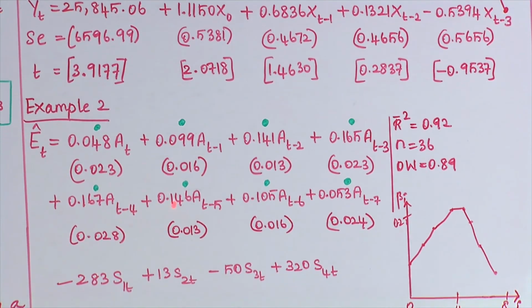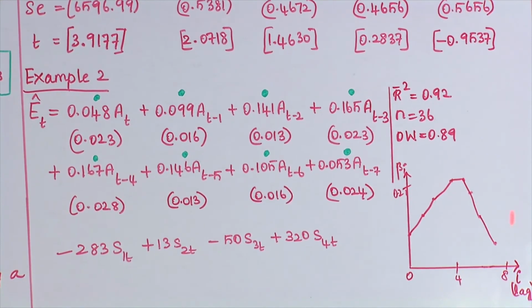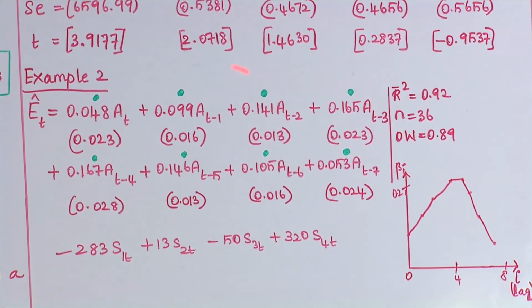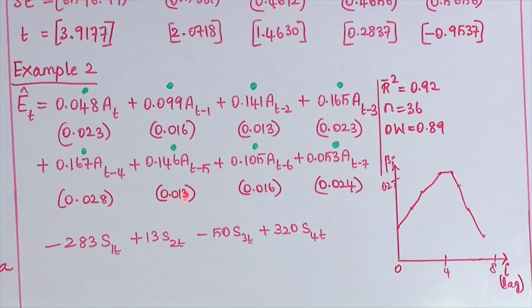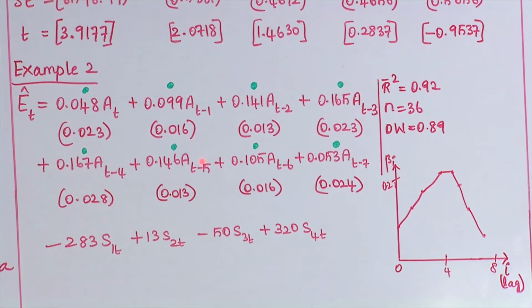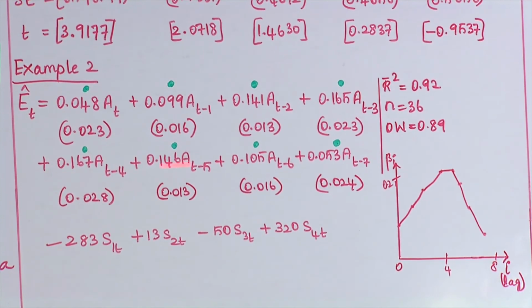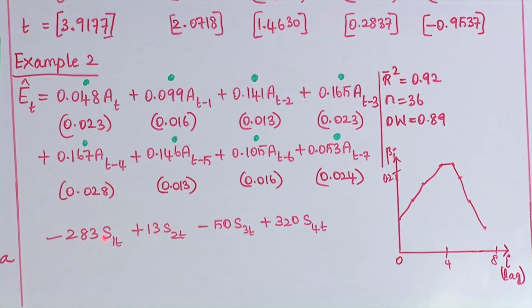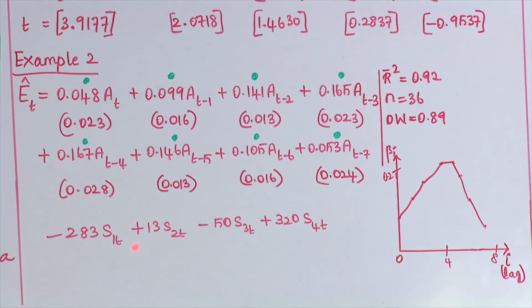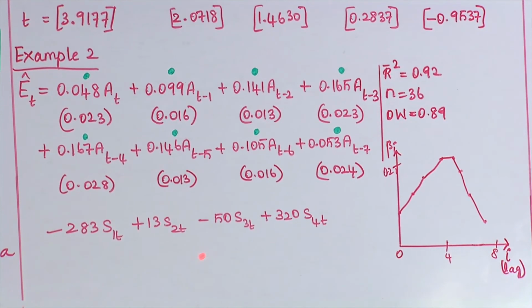It goes up and then declines, so this pattern is an inverted U pattern. These are the estimated results of such a DL model using the Almon approach. With this we can conclude the discussion on Almon's approach to distributed lag model estimation.